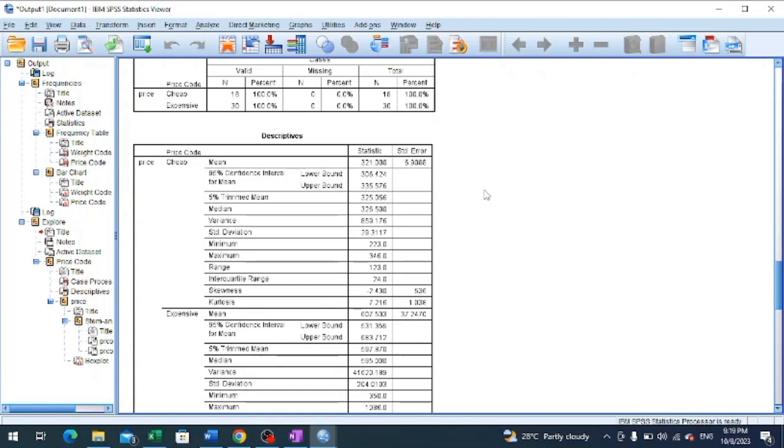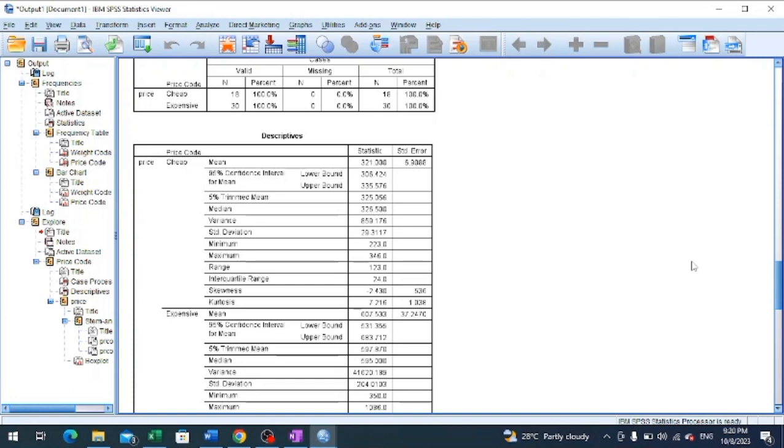Now, as far as the comparison of mean and median is concerned, a comparative analysis of mean versus median gives us an idea about the nature of skewness that the data possess. If the mean is less than the median, then it indicates that the data are negatively skewed.